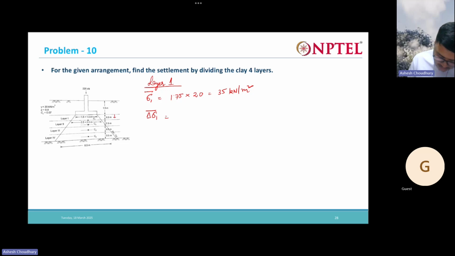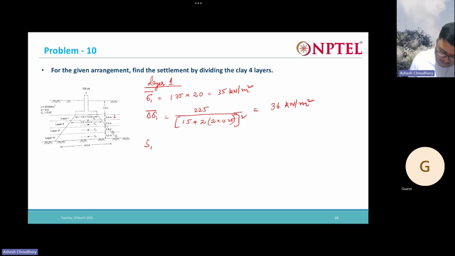Increasing pressure, it's 225 by how much? 1.5 by 1.5, right? So it's 1.5 plus 2 times 2 into 0.2, whole square. So this will come out as 36 kilonewton per meter square.